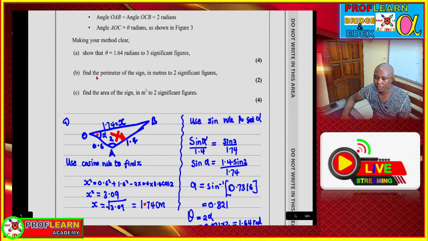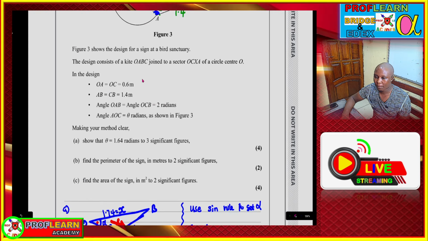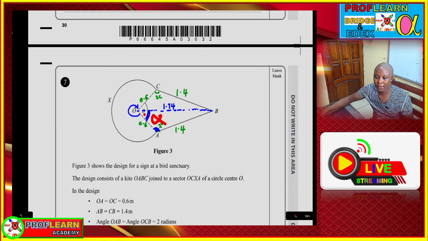The next question that was asked is to find the perimeter in meters to two significant figures. But remember, for you to find the perimeter of this figure, you need to find the arc length of AXC.